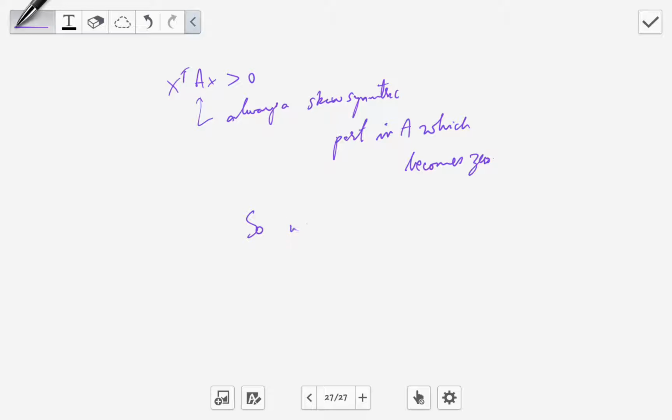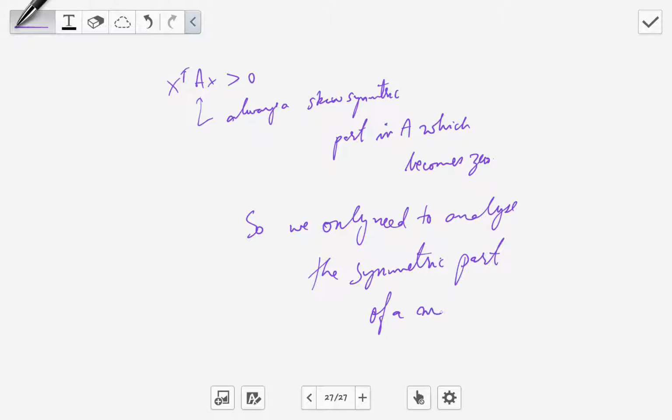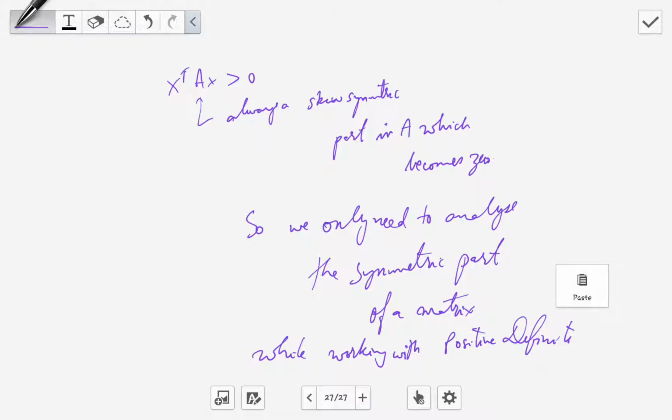So we only need to analyze the symmetric part of a matrix while working with positive definiteness or quadratic forms. Did you understand?